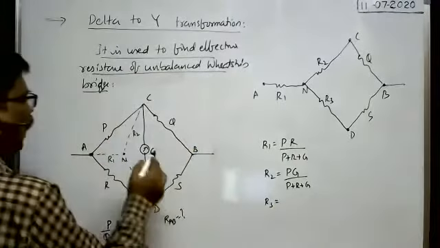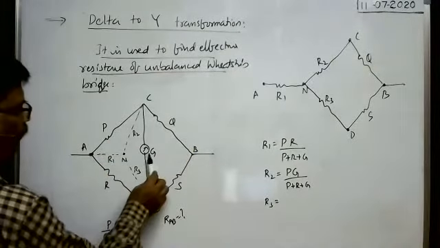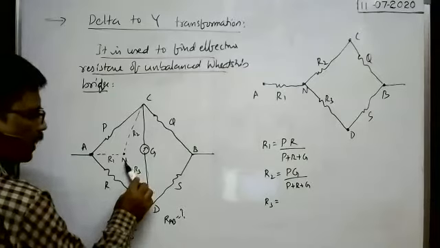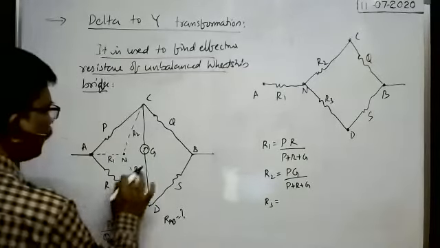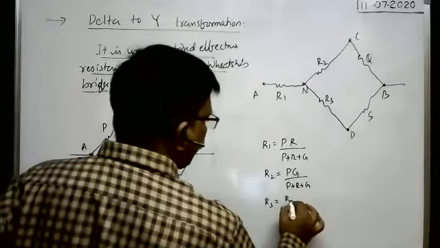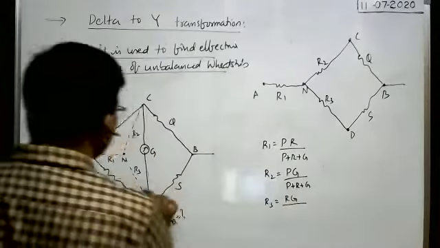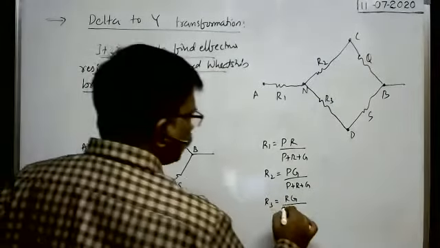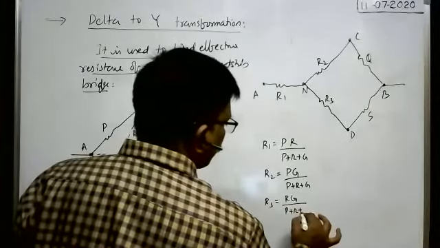R3 is between Q and R. That's why at the place of R3 we write Q into R by the total resistance in the delta circuit, that means P plus Q plus R.